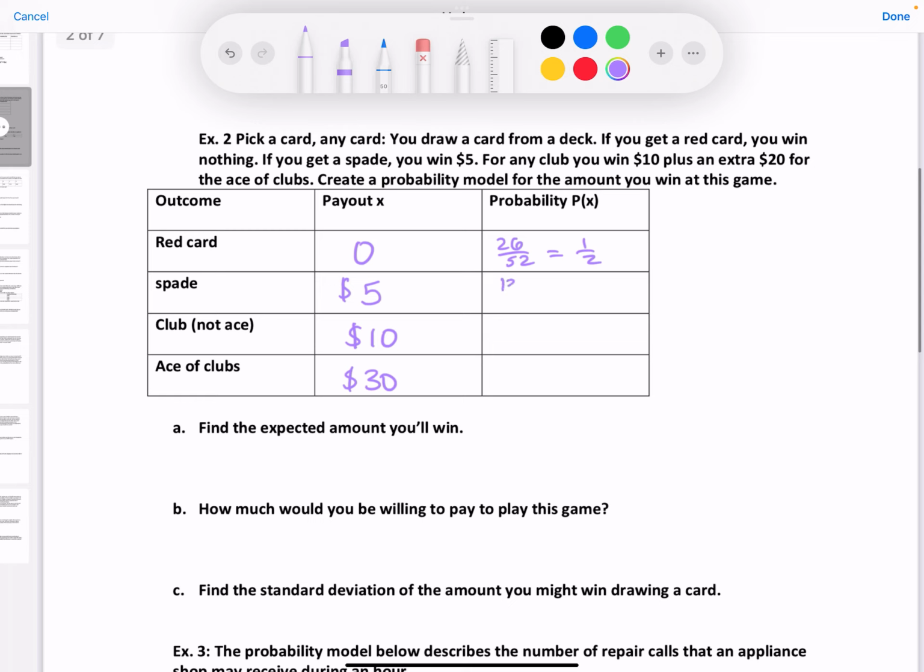I'm reducing those because it makes them way simpler. If it's just like taking out a 2 or something like that, a lot of times I won't reduce them, but you can if you want to. So then a club that's not an ace would be 12 out of 52. And an ace of clubs is 1 out of 52.